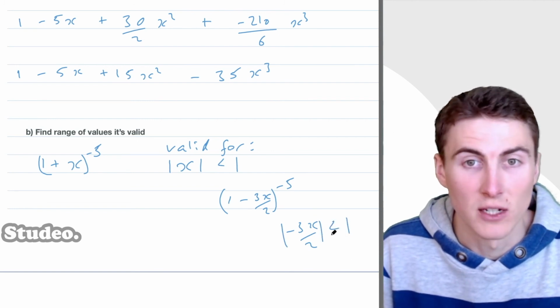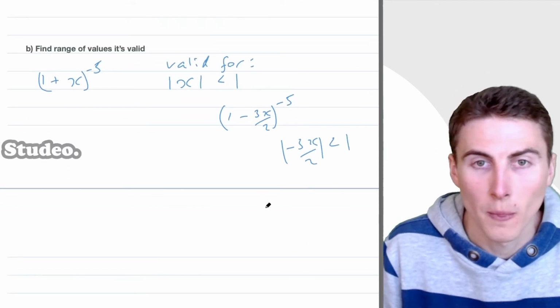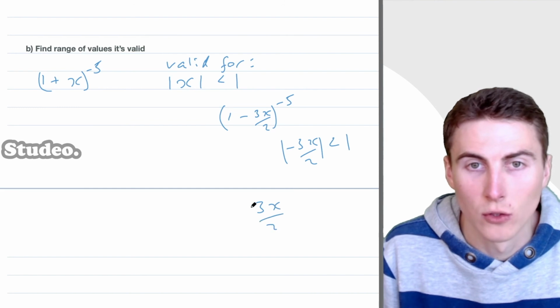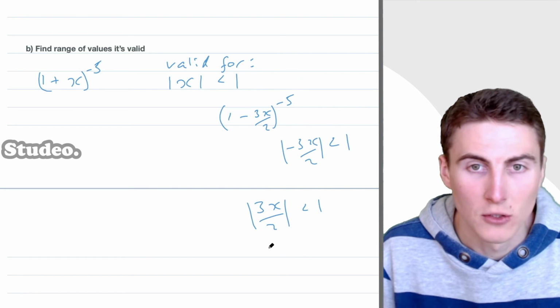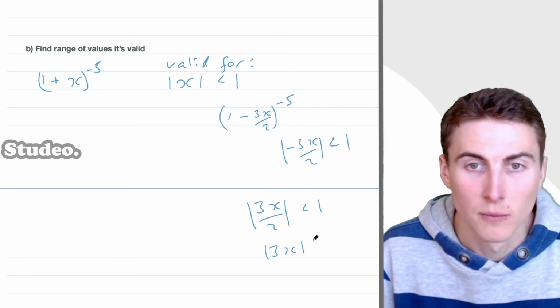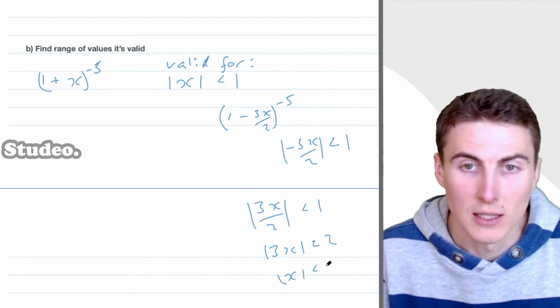And then you have to rearrange this. So you get rid of the minus because it's a modulus, so it doesn't really make any difference. And we'd have the modulus of 3x over 2 less than 1. Multiply both sides by 2, so that you get the modulus of 3x is less than 2. And then divide both sides by 3, so the modulus of x is less than 2/3.